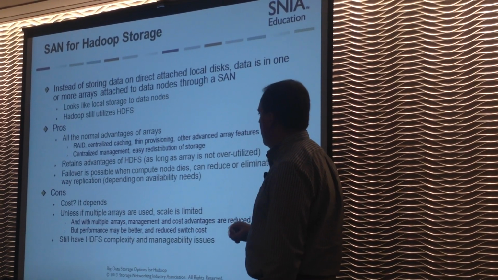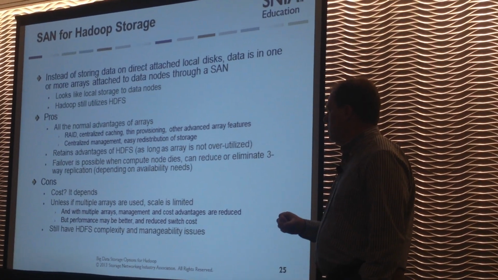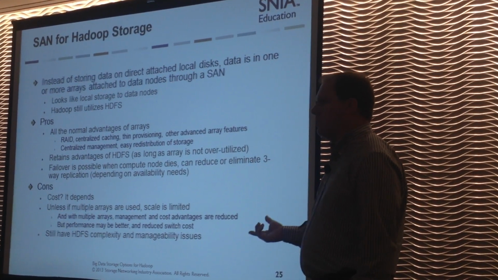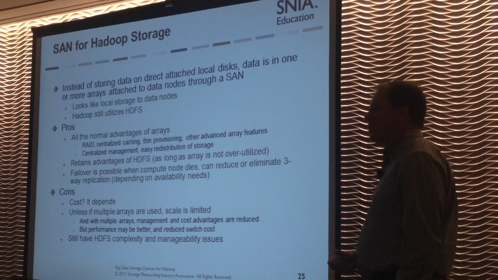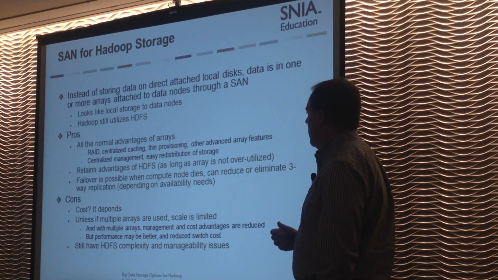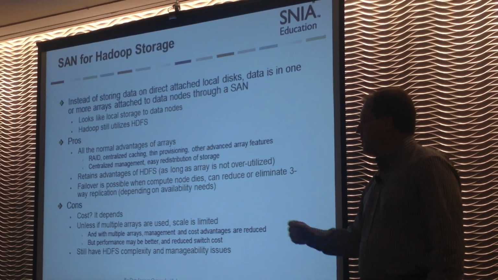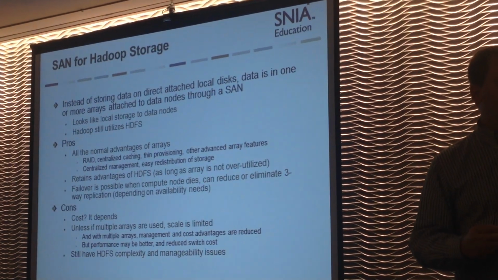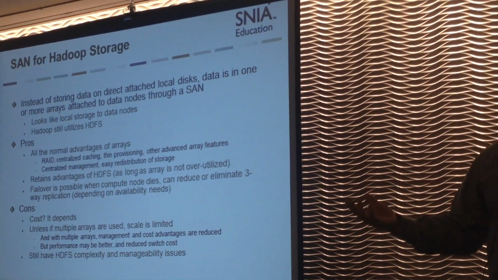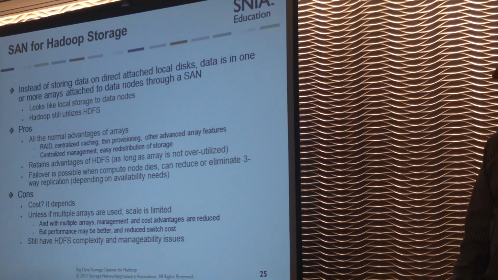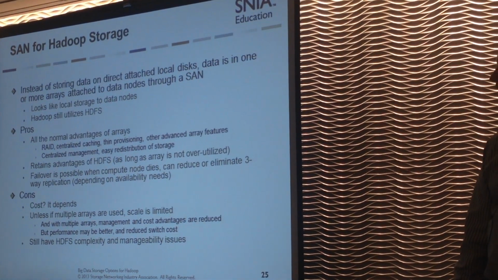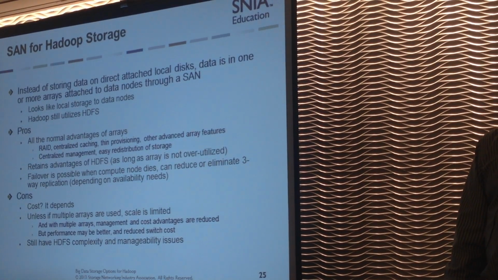There are also scale issues. You may have to use multiple array boxes if you need to scale beyond a certain level. And because it is still HDFS, you fundamentally still have the complexity of a non-POSIX file system and some of the other complexities of managing HDFS.